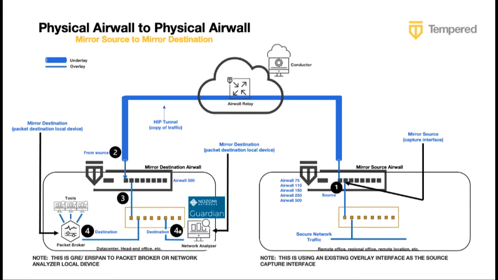Next, let's drill down and look at a little bit more detail in how we are going to get the data to the Nozomi so it can do its monitoring and visibility. Here's a simple example, and we'll talk about a couple of different scenarios. I described physical Airwall to physical Airwall. We've got a number of different models of the Airwall that can be used, and those would typically be sized based on the remote environment.